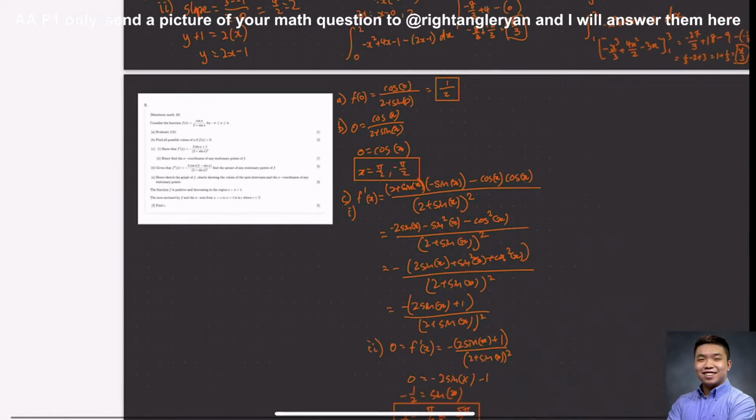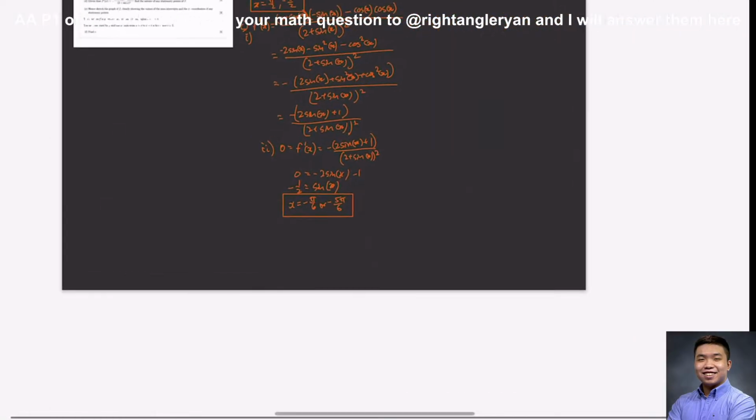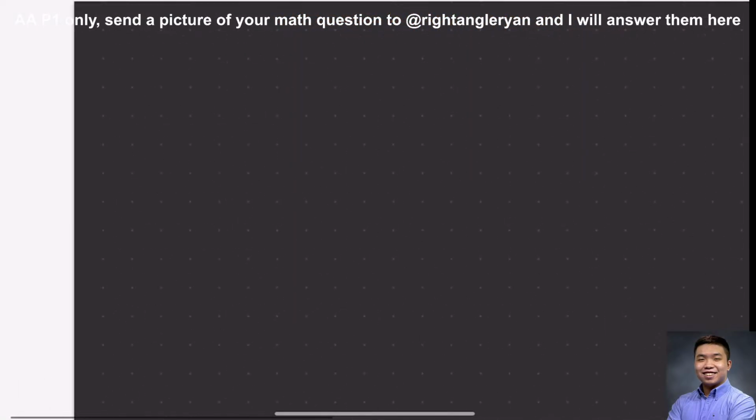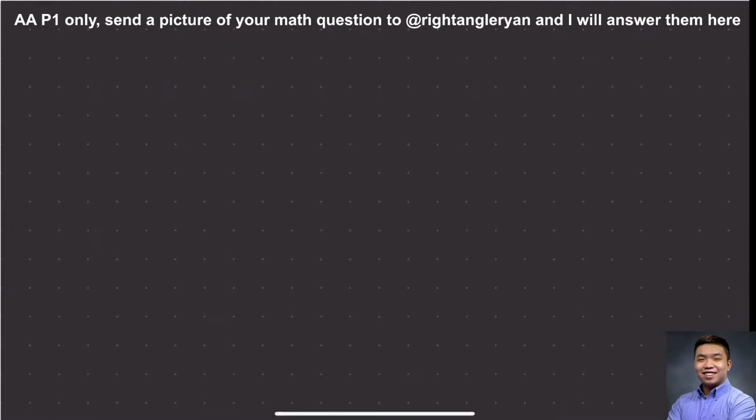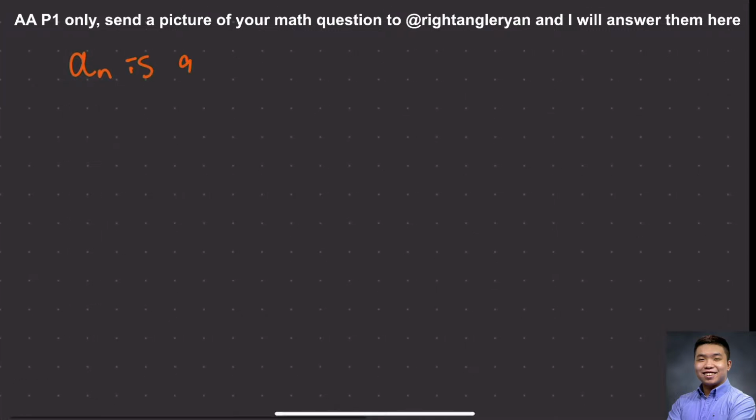Okay, we got a priority question coming in. Let's say we have a geometric series. Let's say a_n is geometric, and a_3 equals 9, let's say.